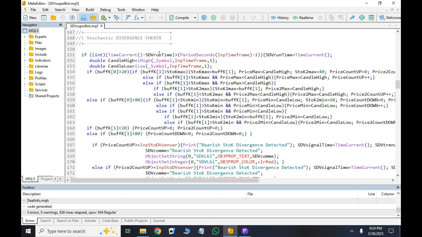Initially SDV runtime is 0, so initially this program runs and SDV runtime is set equal to the current time. For the next tick, this divergence is not running because this difference is not greater than 299. Only one time this program runs for one candle.